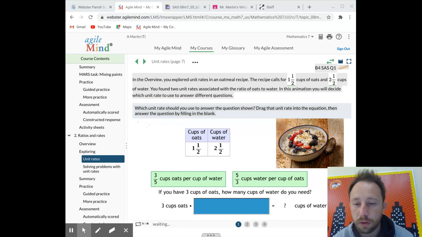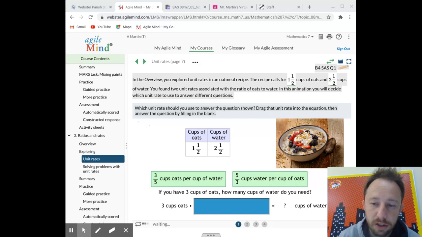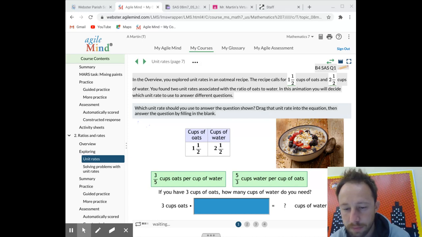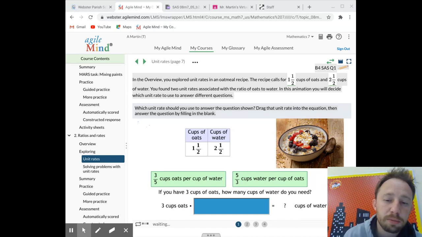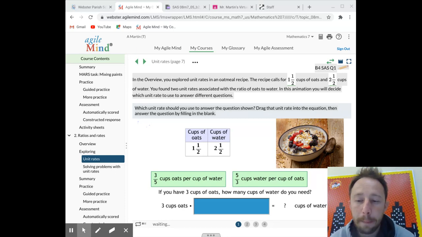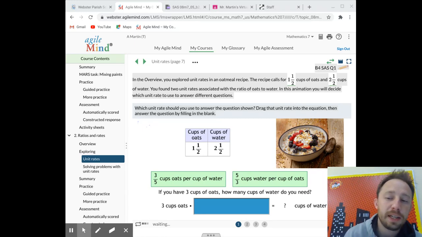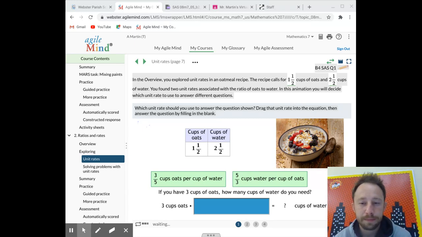So it says 3/5 cups of oats per cup of water, or 5/3 cups of water per cup of oats? The question states, if you have 3 cups of oats, how many cups of water do you need? So we need to do 3 cups of oats multiplied by what to determine how many cups of water? 4.5 cups of water, because that's what we got just a few minutes ago.